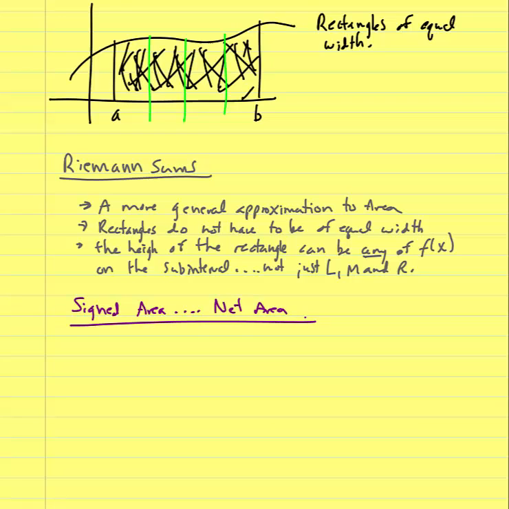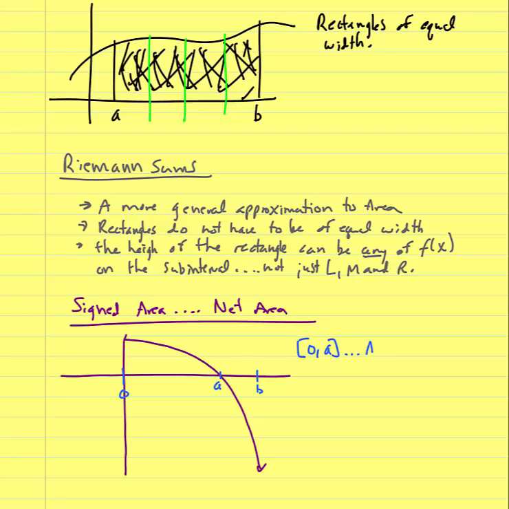So if I were to look at a graph, and some of the graph is above and some is below the x-axis, that's going to start talking about signed area. So let's say we have a graph that looks something like this. And this is going to be 0, this is going to be A, and this is going to be B. So if I look at this graph from 0 to A, the area is positive.